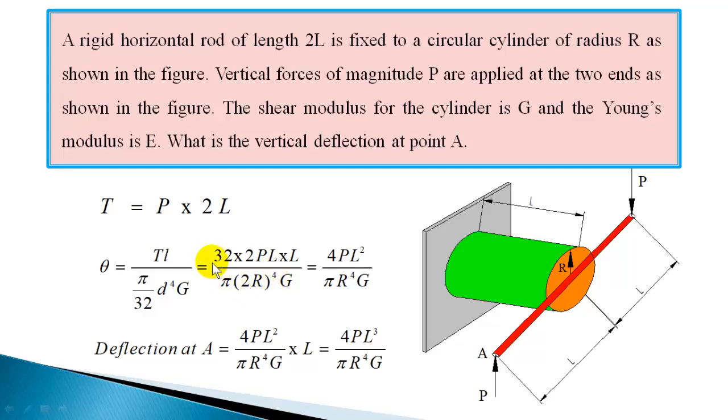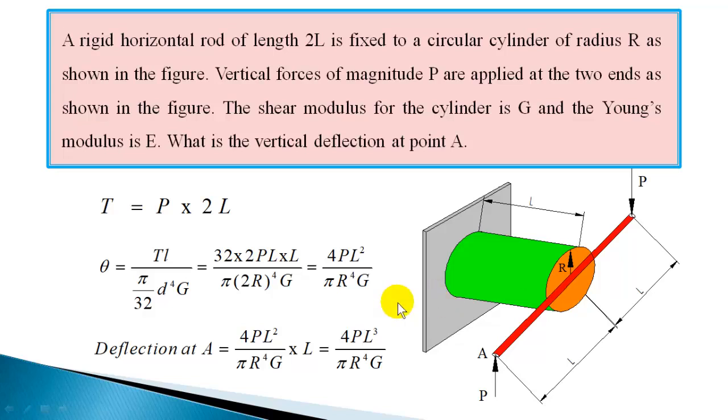Cancelling 16 in 32, you get 2 into 2, that is 4PL squared divided by pi r raised to 4G. That will be the angular rotation of this cylinder at the end.